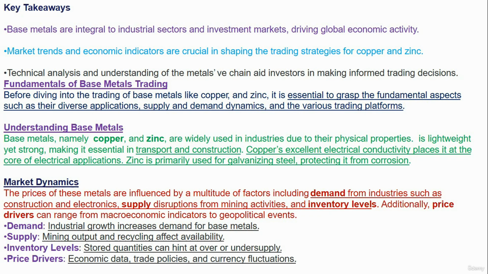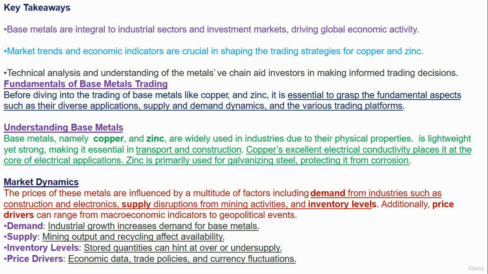So metals are part of the industrial sector, and the global economy drives the metal. Market trends and economic indicators are really important for making trading strategies for copper and zinc or metal. So a trader should be aware of technical analysis.